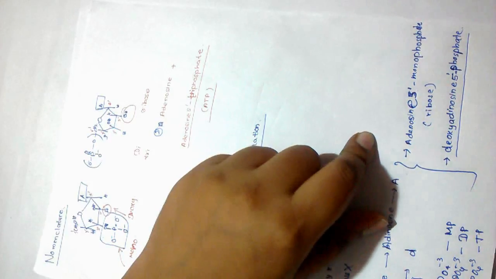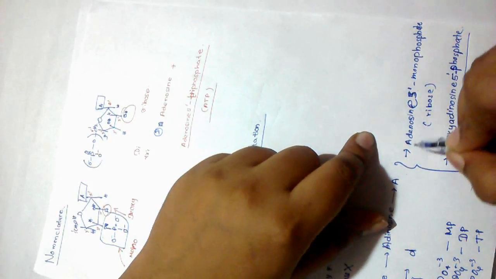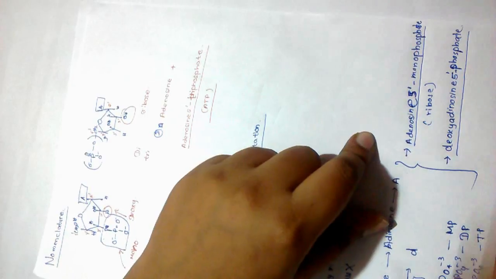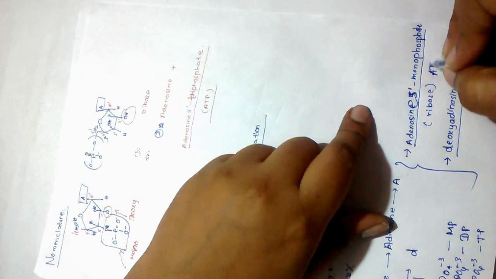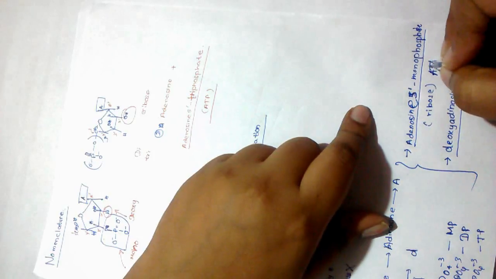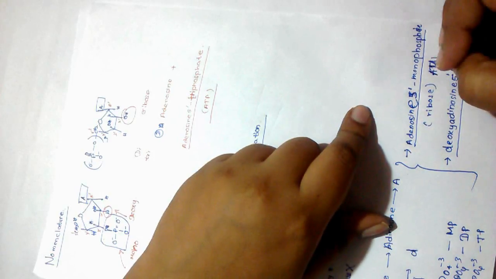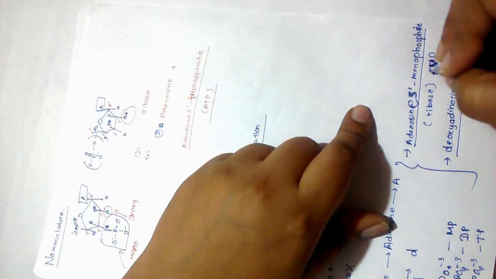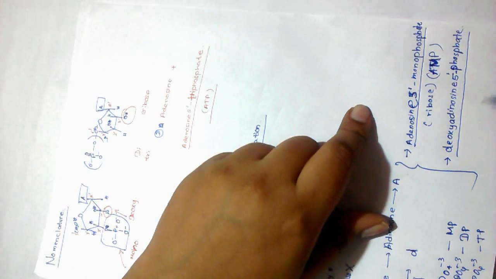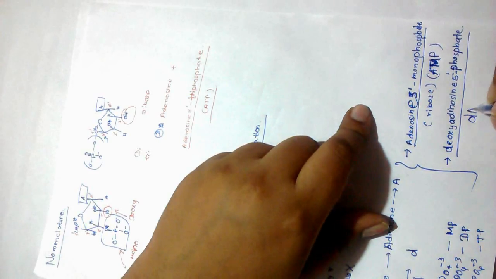Deoxyadenosine 5-phosphate and adenosine 5-phosphate. This is for AMP, okay, not ATP. This is AMP and this is dAMP.